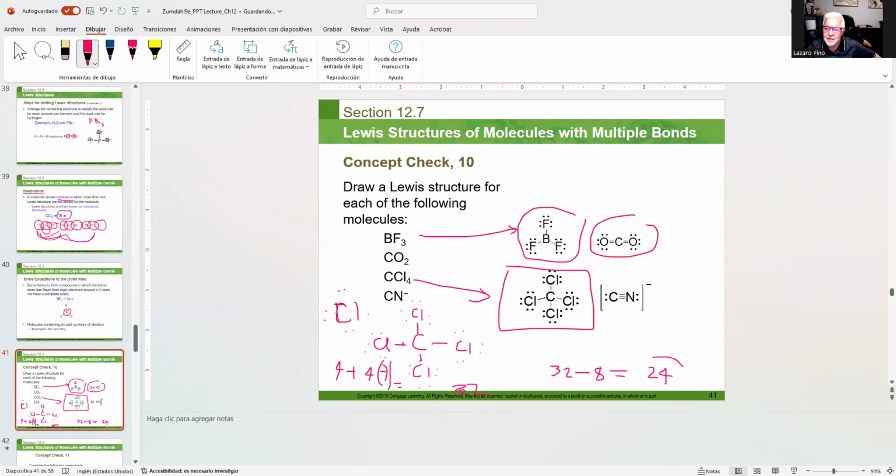And I represented the 24 valence electrons. And look at this. This gets the octet rule, same way with this chlorine, and this chlorine, and this chlorine. But here you have 2, 2, 2, and 2, 8 electrons, then carbon also gets the octet rule. Then this structure is stable.